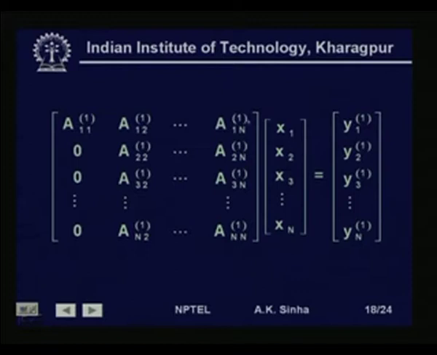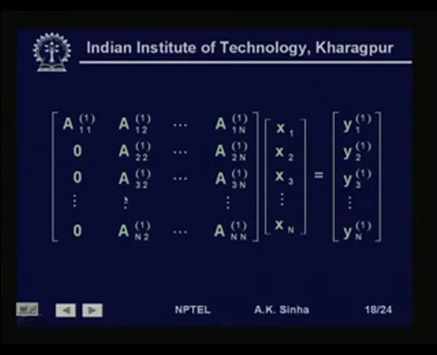Now, below A22, all the elements in the second column have to be made 0. In the same fashion, we can multiply the second row by A32 by A22 and then subtract from the third row, and so on.